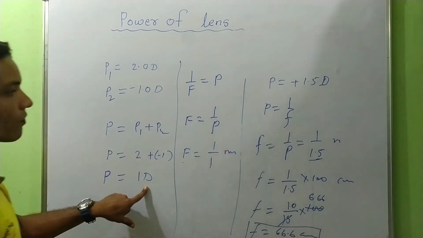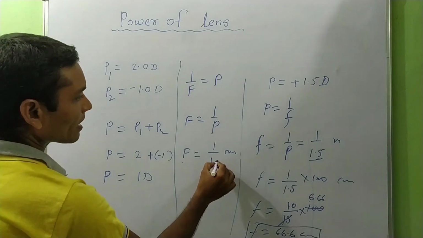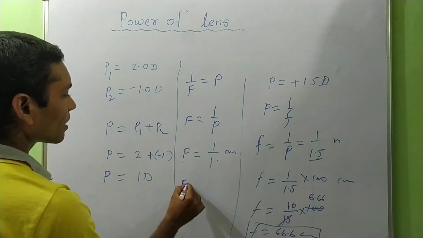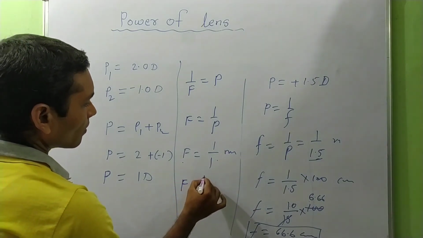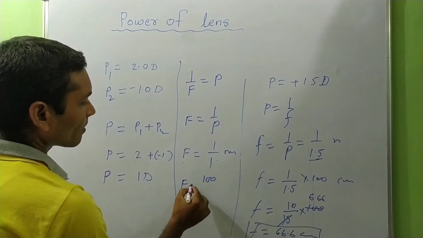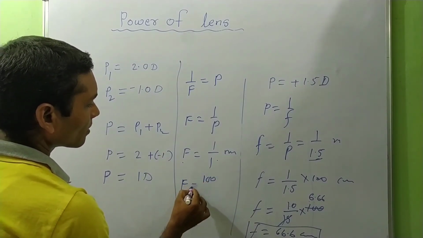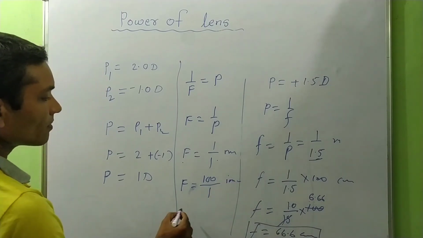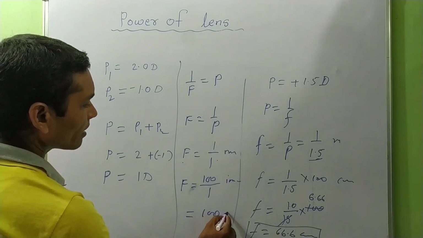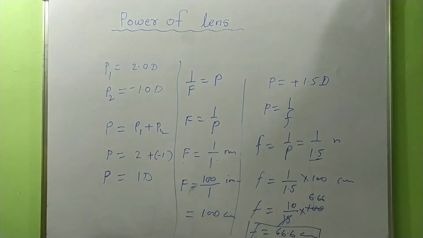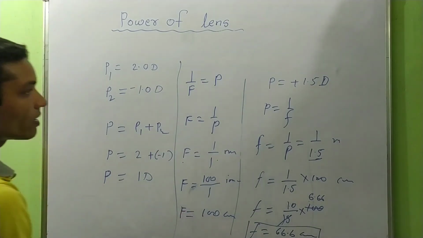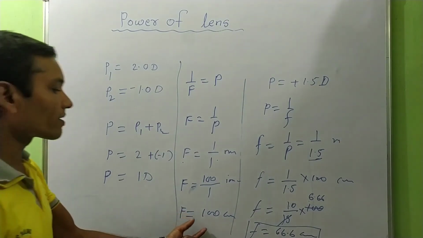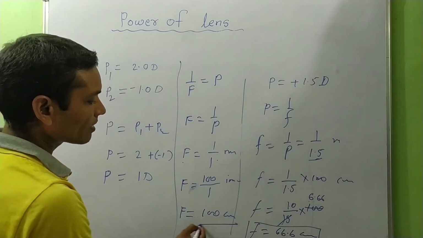To convert it in centimeter, we have to multiply this value by 100. So 1 meter is now 100 centimeter. So the focal length of the combination of the two lenses will be 100 centimeter.